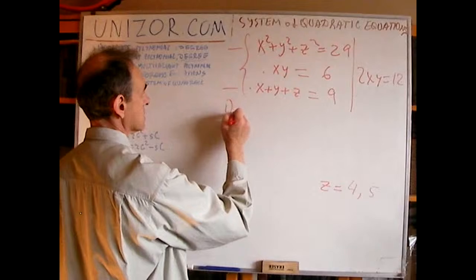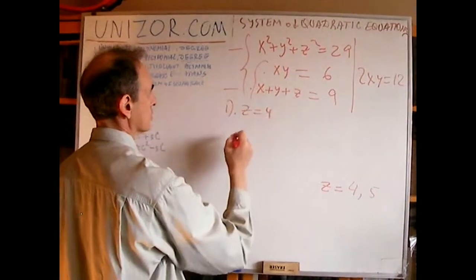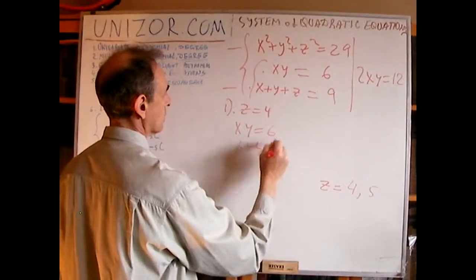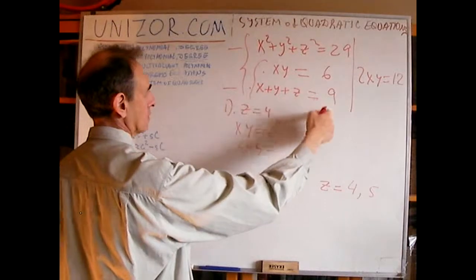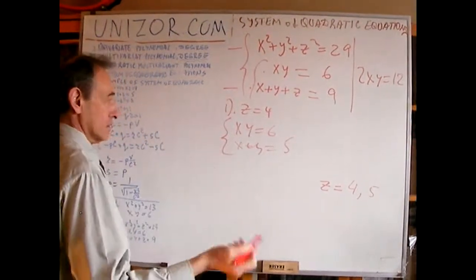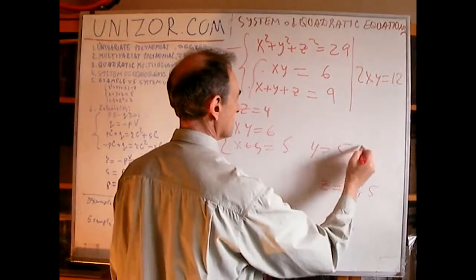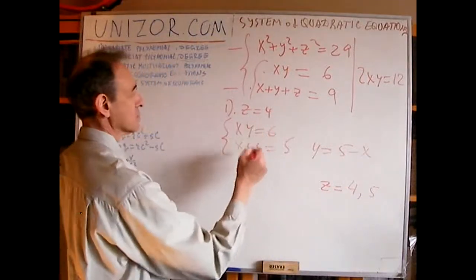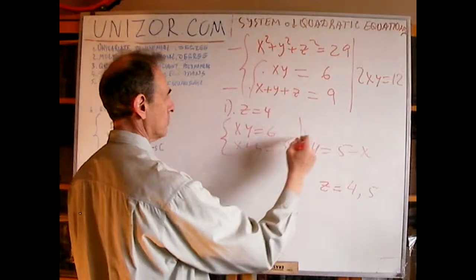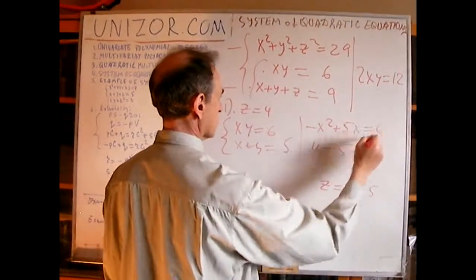So let's say case number 1, z is equal to 4, and I will consider only these two. So xy is equal to 6, x plus y is equal to 5. Well, again, substitute y is equal to 5 minus x, put it into the first equation, and I will have minus x squared plus 5x equals 6.